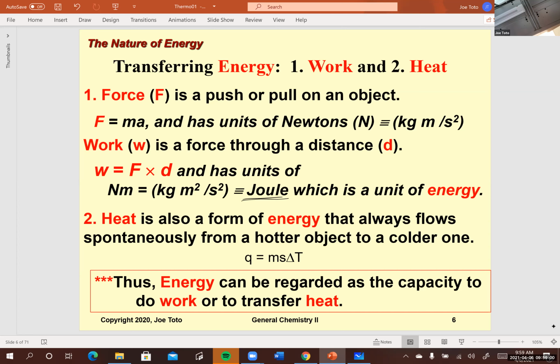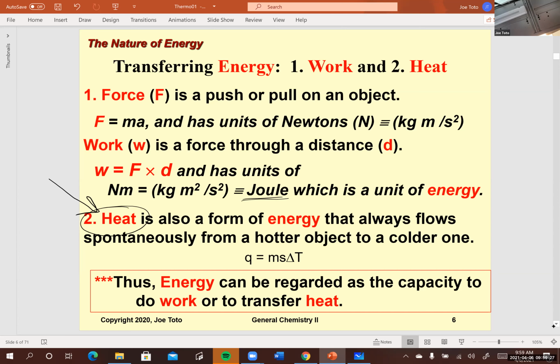And heat is maybe a little different to get an understanding of, but again, you may have done experiments either in chemistry or physics where you looked at heat and its transfer. You know that heat always flows from a hot spot into a colder spot.